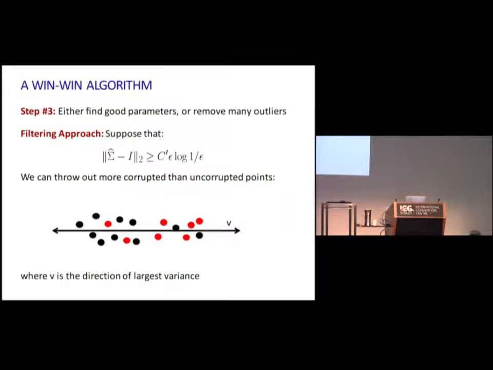We project the data on that direction, and then it turns out that there's actually a threshold t that you can compute, which when you throw out the points above it, you're going to throw out more outliers than inliers. So you can't guarantee you're not going to throw out some of the good points too, but the point is every good guy who gets thrown away takes at least one bad guy with him.